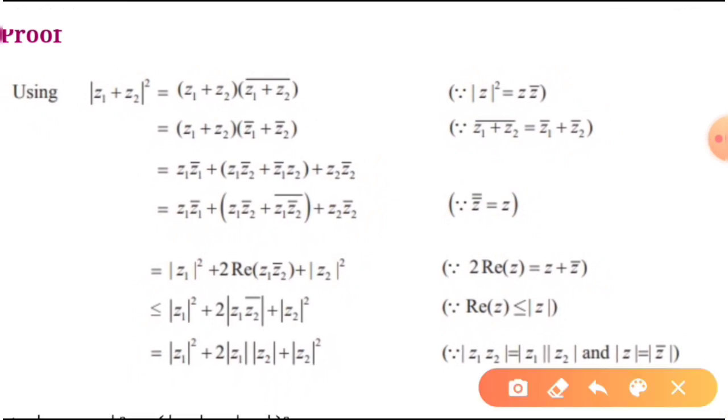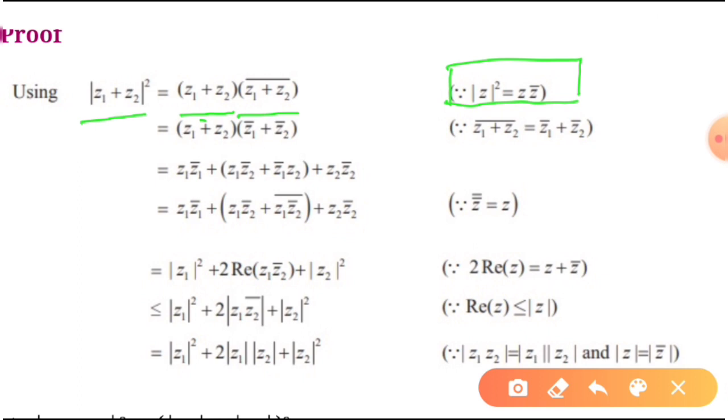We know that modulus of z squared is equal to z z bar, just now before we saw this result, right? Modulus of z1 plus z2 in the whole square is equal to z1 plus z2 into z1 plus z2 the whole bar. We just consider z1 plus z2 as z.